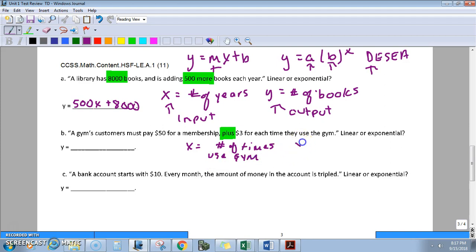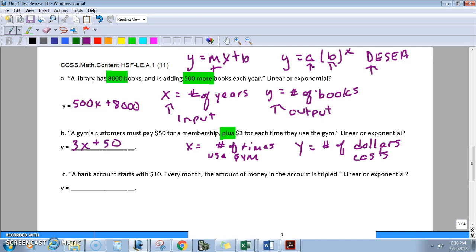And y, our output, is the number of dollars it costs. Okay, so the more you use the gym, the more money it costs. So 3 is our slope, is our rate of change, and 50 is our starting point.